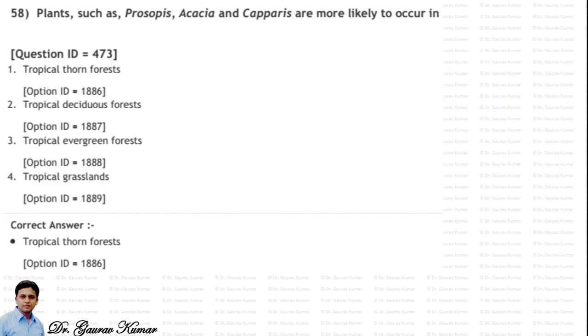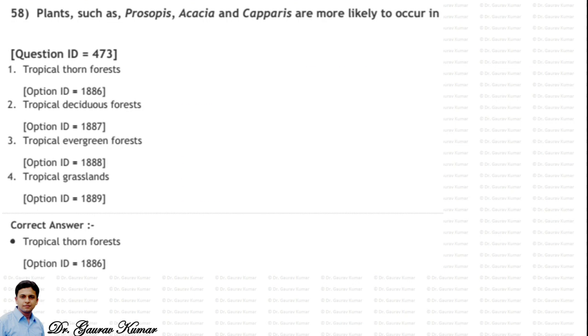Okay, next question. Plants such as prosopis, acacia and capparis are more likely to occur in. There are four options: tropical thorn forest, deciduous forest, evergreen forest and grassland forest.